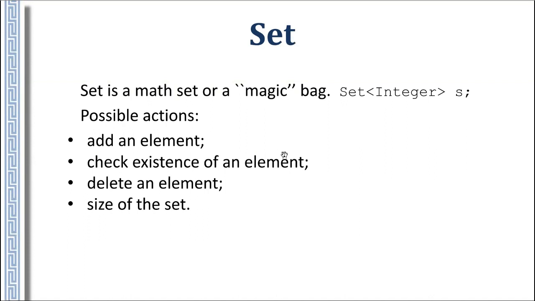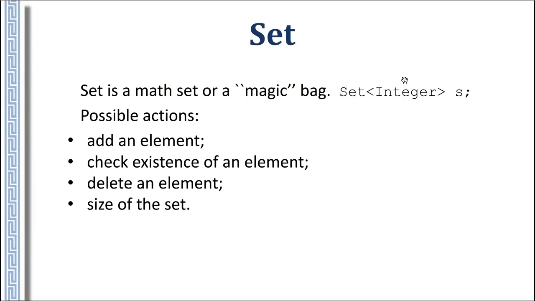If we consider, for example, Java, and a set exists in many popular languages, we can define a set and define what the element type of the set will be.